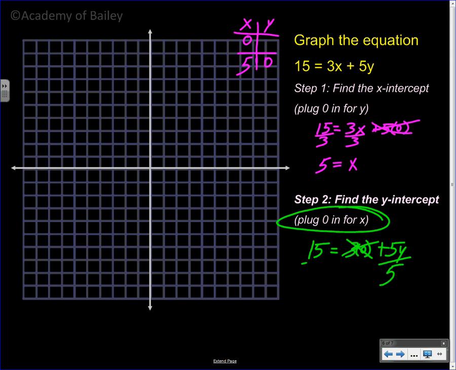And we divide by 5 on both sides. Y is equal to 3. And since x was 0, y is equal to 3. And we have both of our intercepts. 5, 0 is the x-intercept. 1, 2, 3, 4, 5. 0, 3 is the y-intercept.